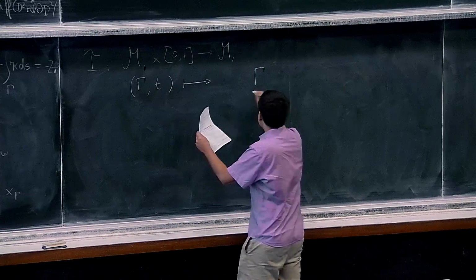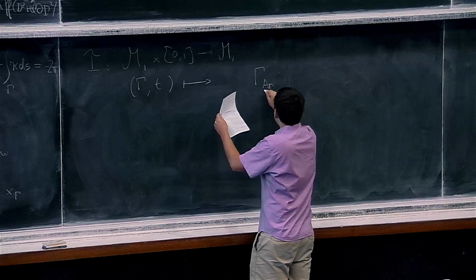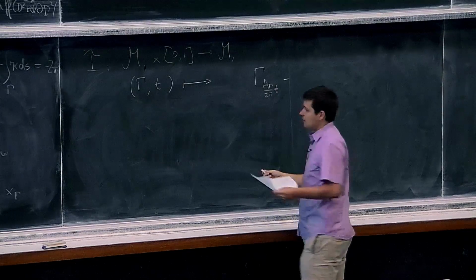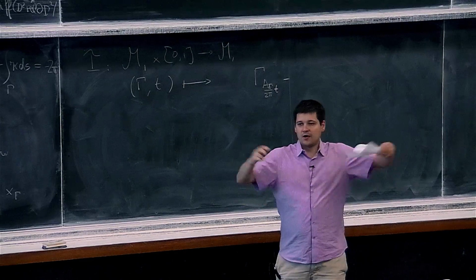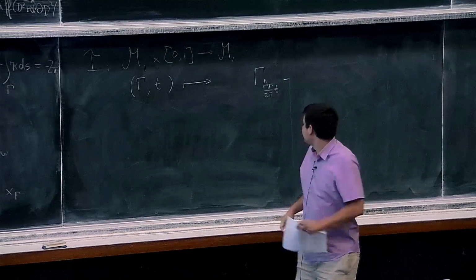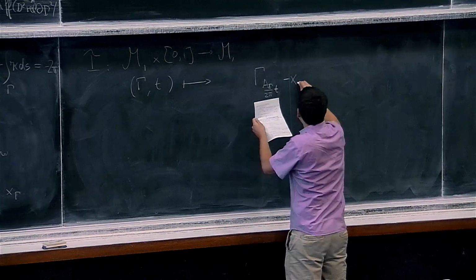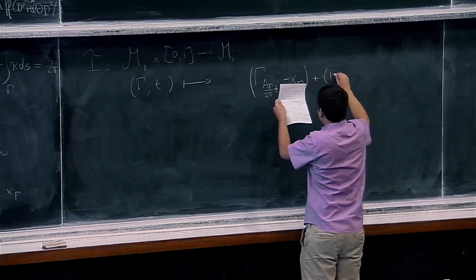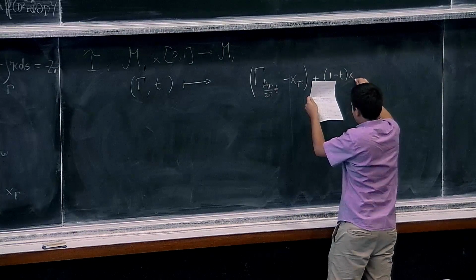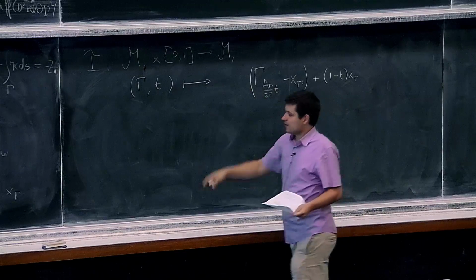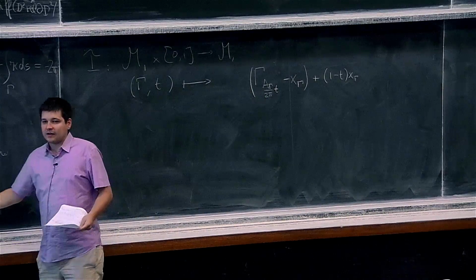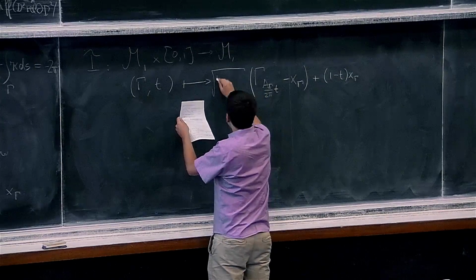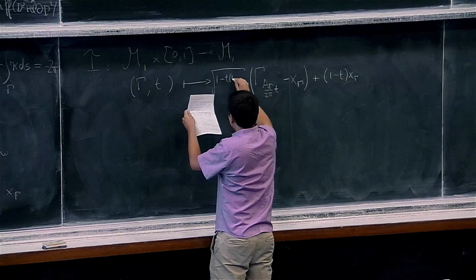So let me write down this factor here, A of gamma divided by 2 pi, times t. And then I also have to shift the center point so that everyone moves to the same point at the end. So let me write minus x of gamma, plus 1 minus t times x of gamma. And then I have to rescale the whole thing, let's say, to unit size, so I put the square root of 1 minus t.